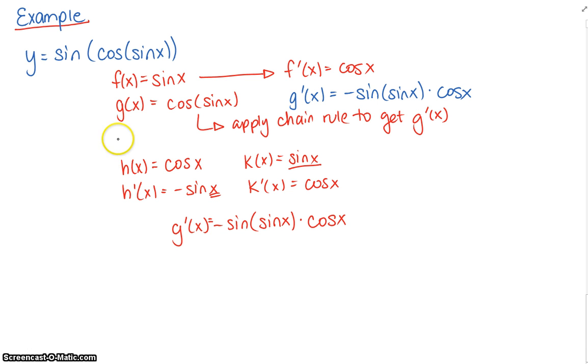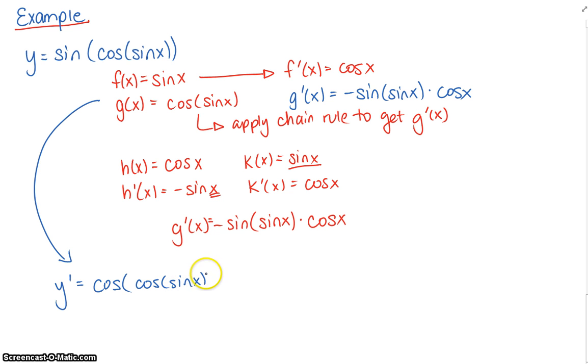Now we have the information we need in order to move ahead and find the derivative of y. Again, you take your overarching function, use its derivative, and you plug in the g of x. So cos of sine x times the derivative of your g, which in this case is negative sine of sine x times cos of x.